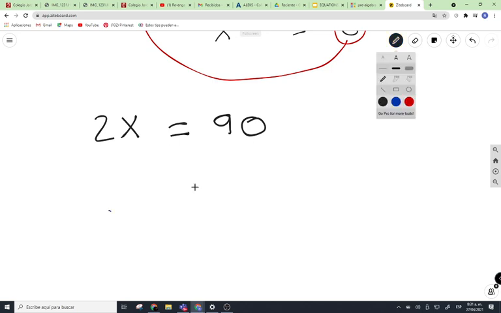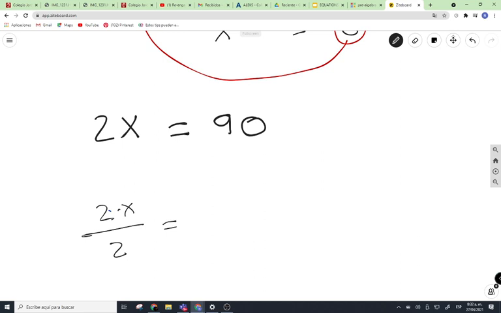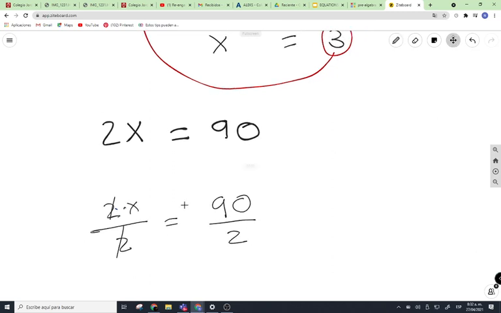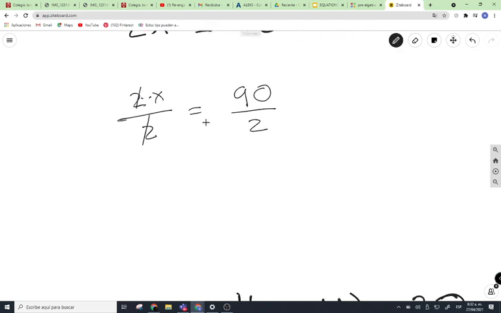So look, 2 times x divided by 2, and since we divided by 2 here, on the other side we also have to do the same. Okay, what is 2 divided by 2? 1. And it's a similar situation to the previous one. This 1 times x is just x, you see? And what is 90 divided by 2? It's 45. Therefore, x is 45.